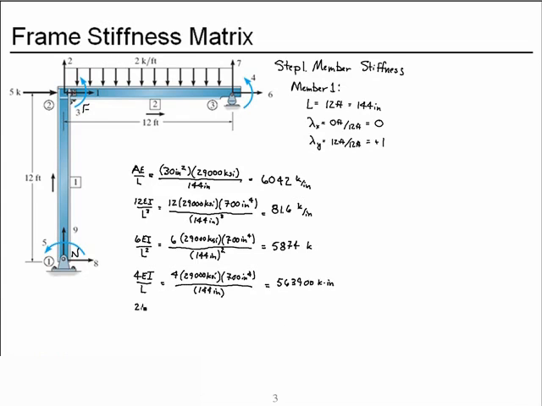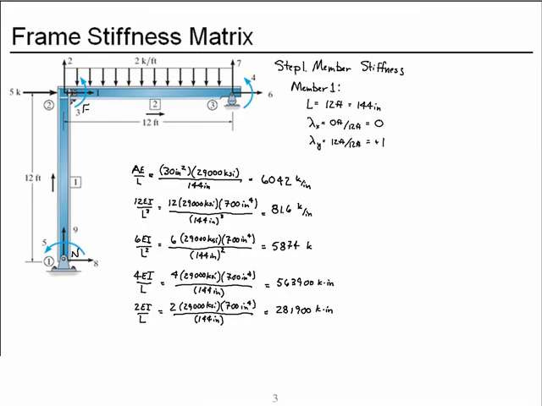And 2EI over L will be half of that quantity, but I will write this out longhand. And that gives us 281,900 kip inches.